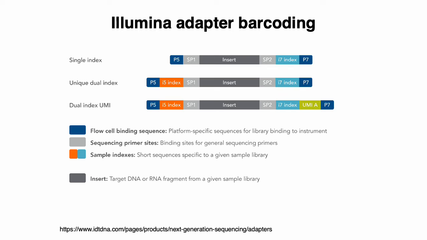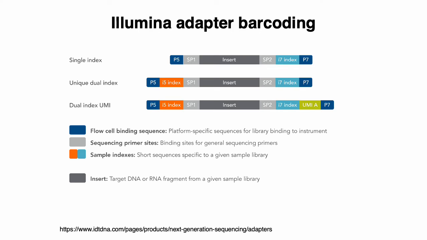What that means is that you can get incorrect I7 indices that don't match the correct sample that they came from. And this is largely the result of free adapters that did not get ligated to specific fragments.